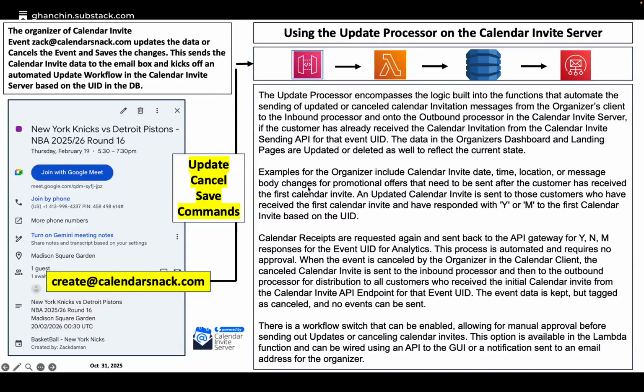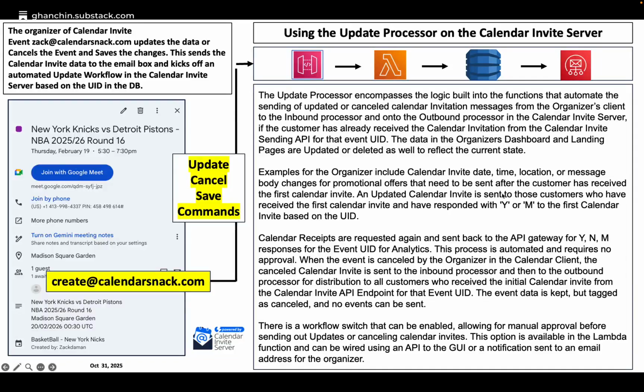And examples could include the organizer change for the invite by date, time, location, or messages for promotional offers that need to be sent to a customer after they receive the first calendar invite off these web pages or emails in which they receive.